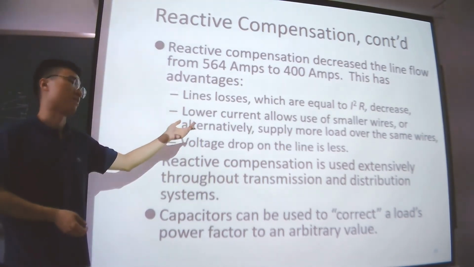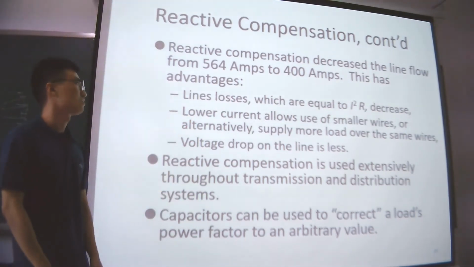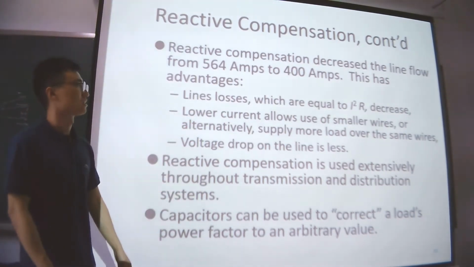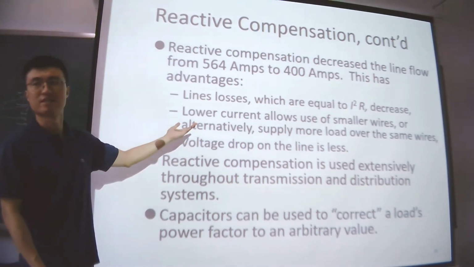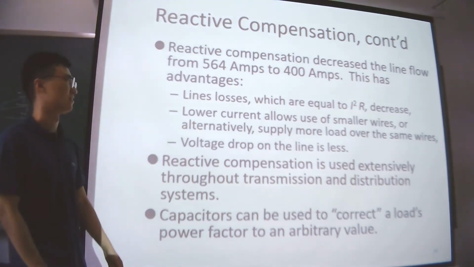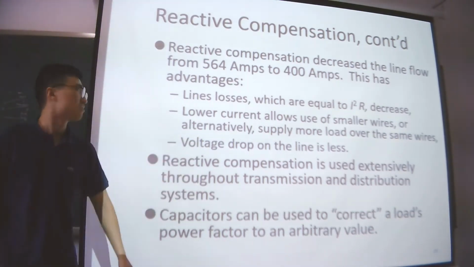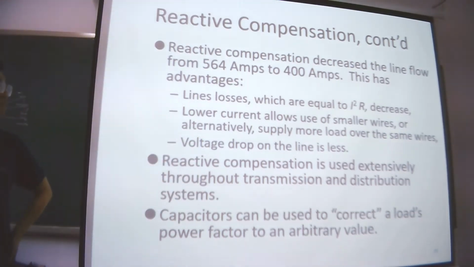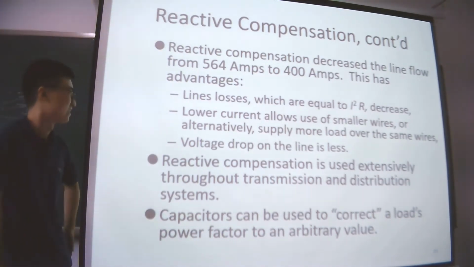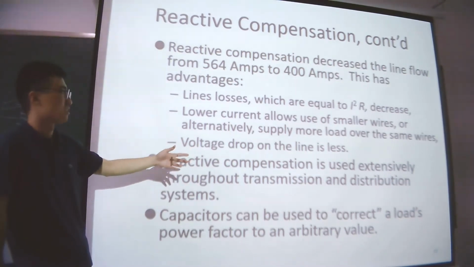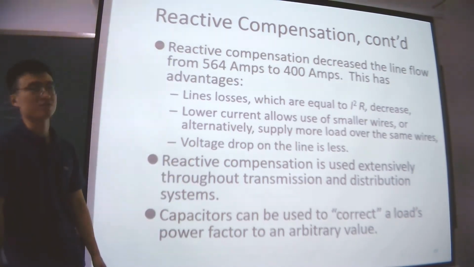So the current can go down and the losses can also decrease. It's very important. Also, we can use smaller wires, and the smaller the wire is, the cheaper it is. The voltage drop can also be reduced.